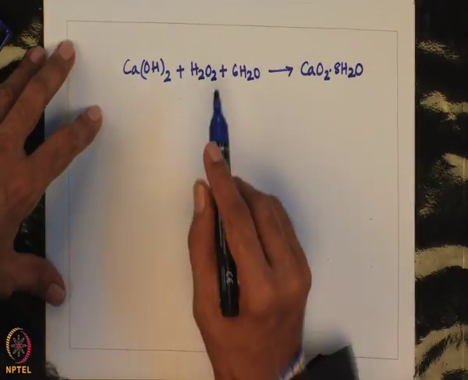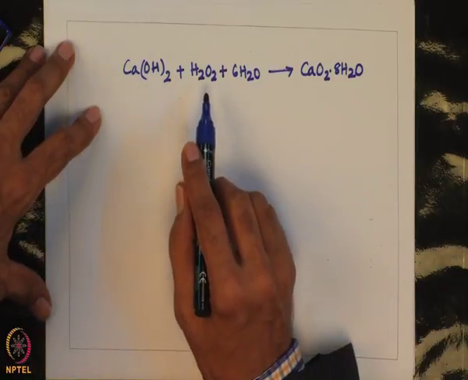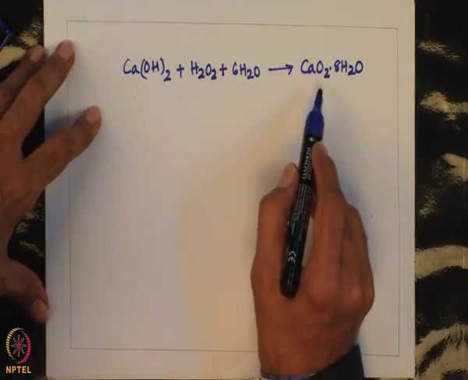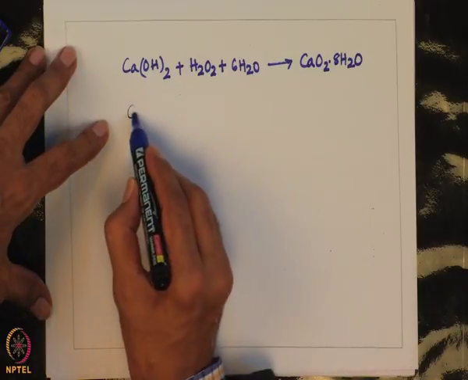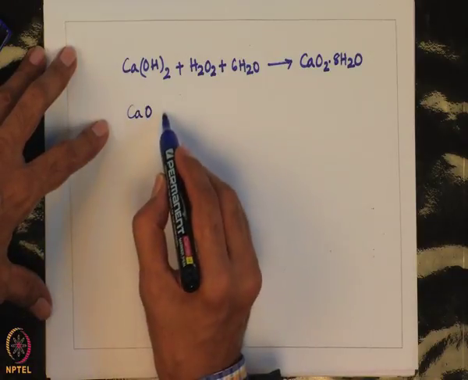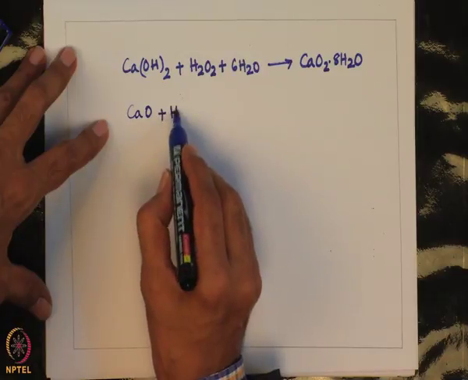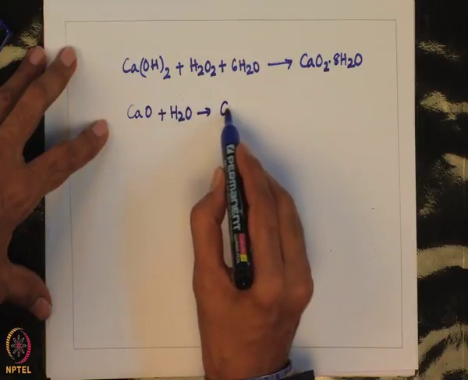So, calcium hydroxide reacts with aqueous hydrogen peroxide to form calcium peroxide, and calcium oxide itself, when treated with water, forms calcium hydroxide.